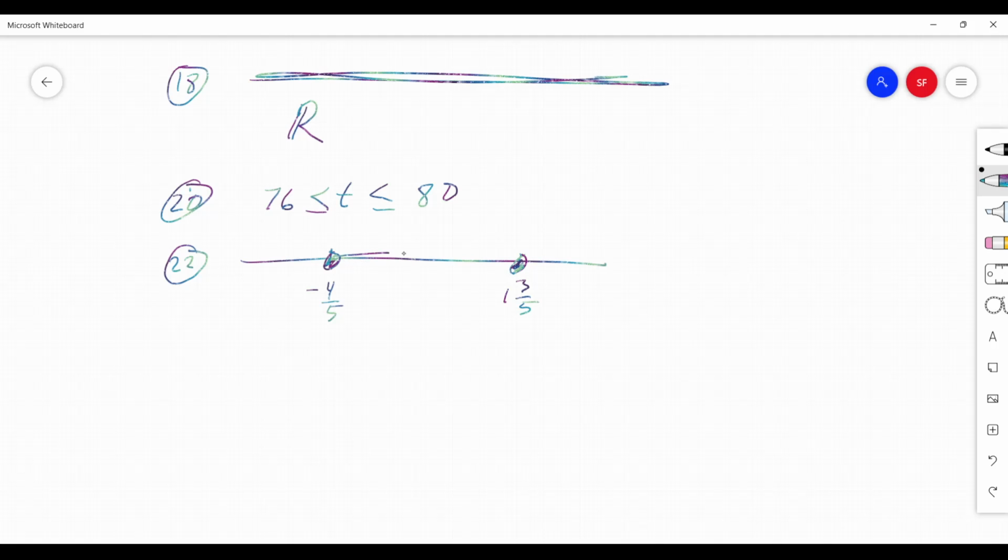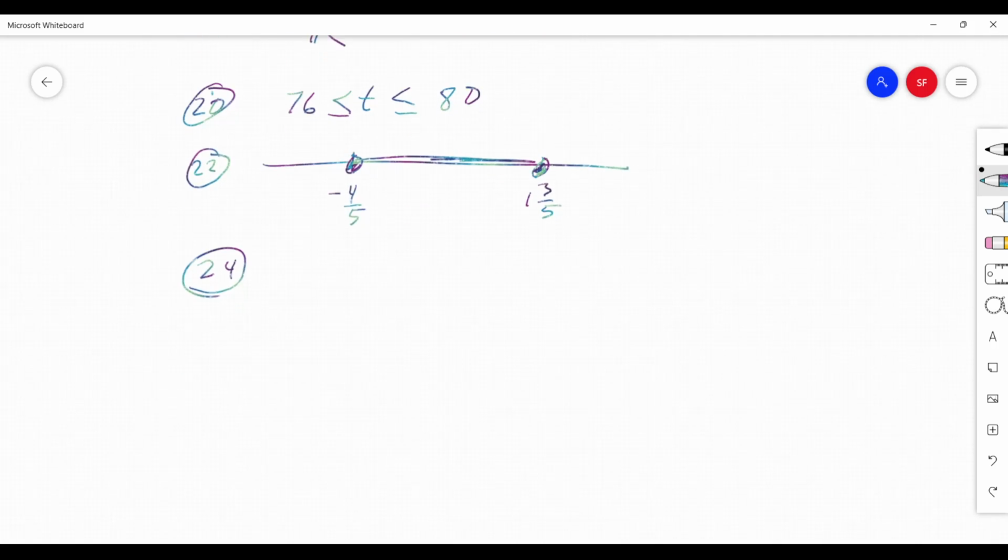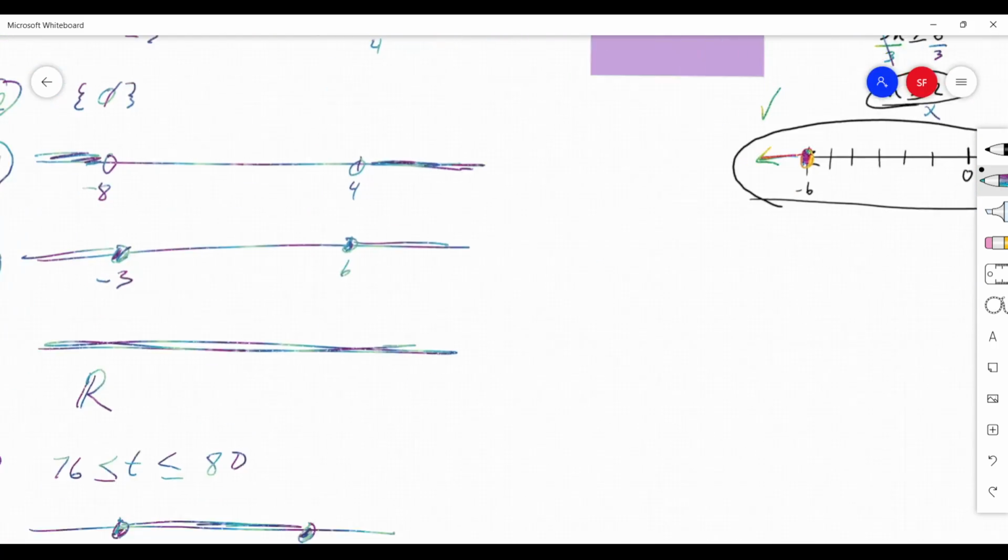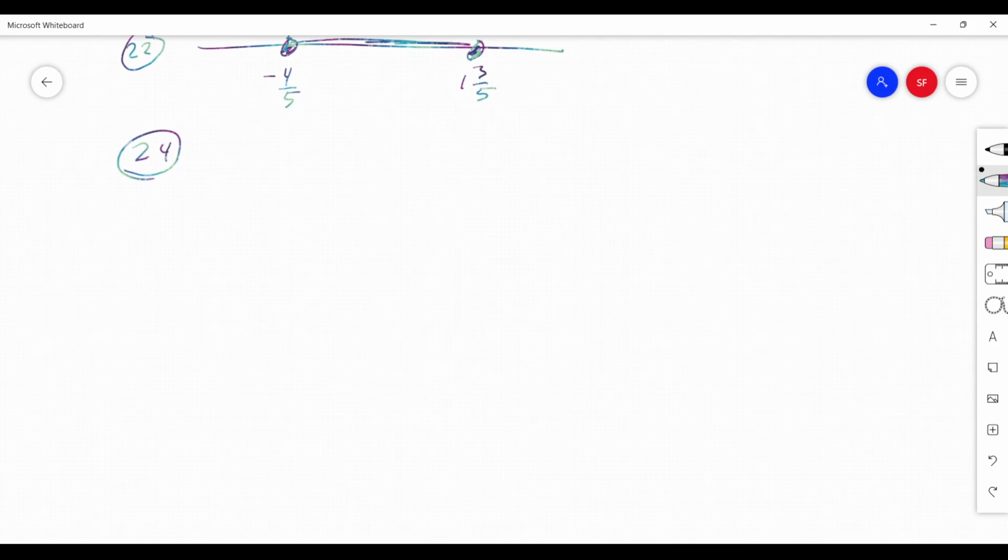And it's shaded between them. 24 is closed circles at -14 and 22.